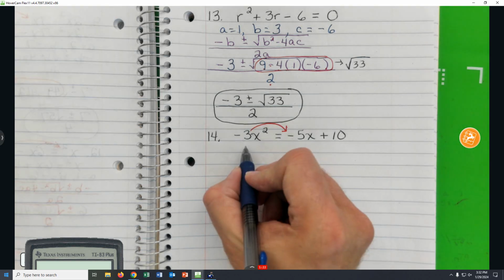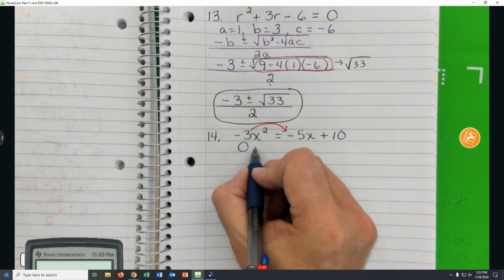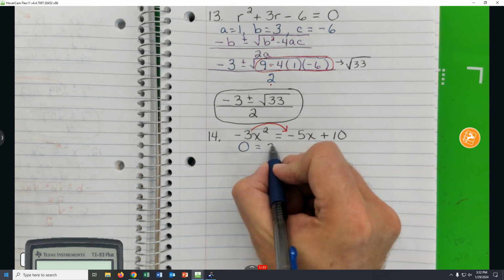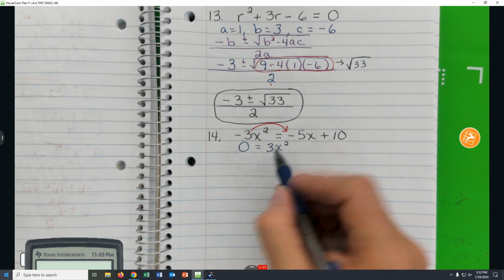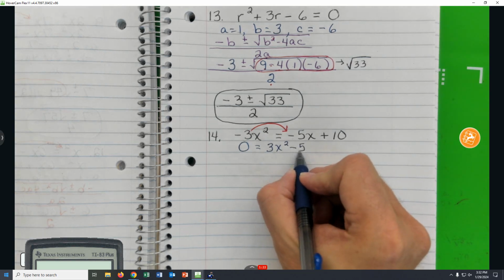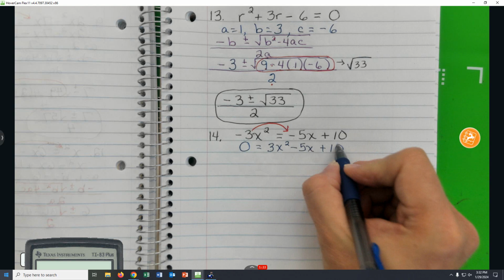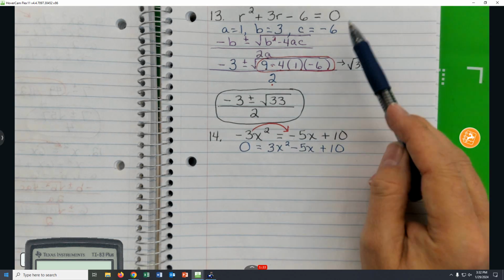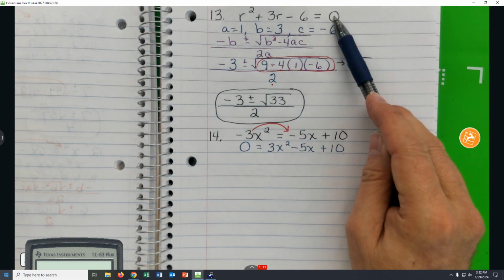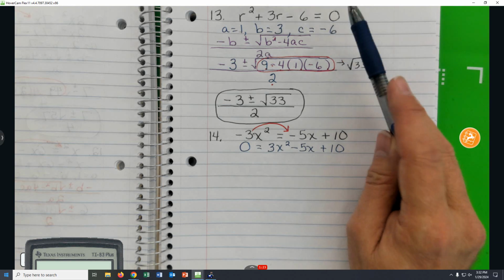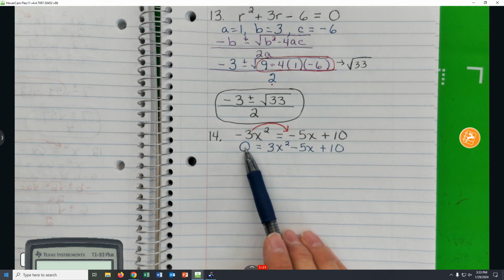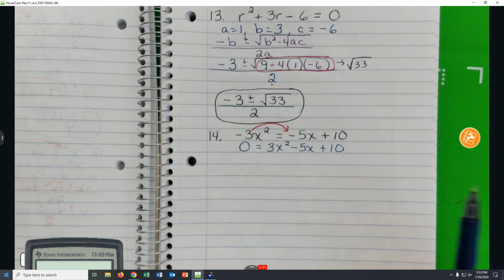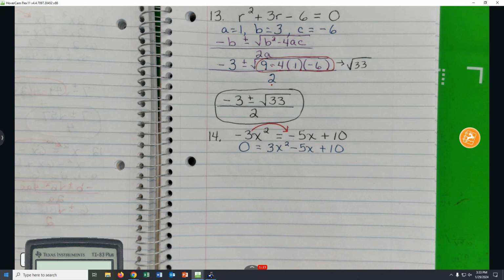That's going to give me a 0 on the left, and that's fine. If I move this 3x squared, we have a positive 3x squared, then a minus 5x, and a plus 10. You don't really do anything with that 0. It doesn't really matter if the 0 is on the right-hand side of the equation or on the left. How do I decide where to put it? Well, I want that x squared term positive.